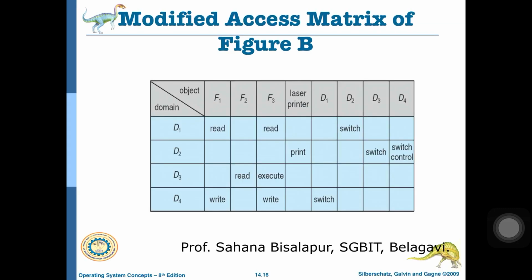The next one we will see is the control right. Now we saw how a copy operation works and how the owner can add or delete entries in the access matrix. The copy operation and the owner operation, that is add and delete, were done only on the column.